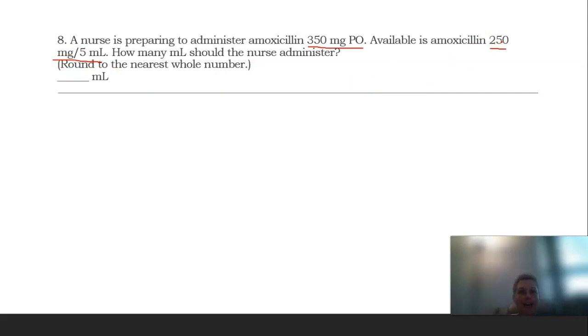If I did that and I realized that 5 goes into 250, 50 milligrams, if I understood there was 50 milligrams per mil, doesn't it make it easier to do math?